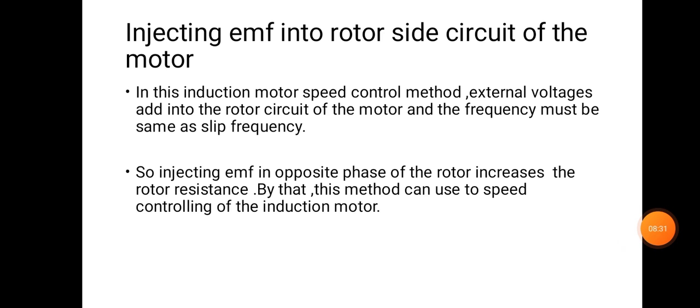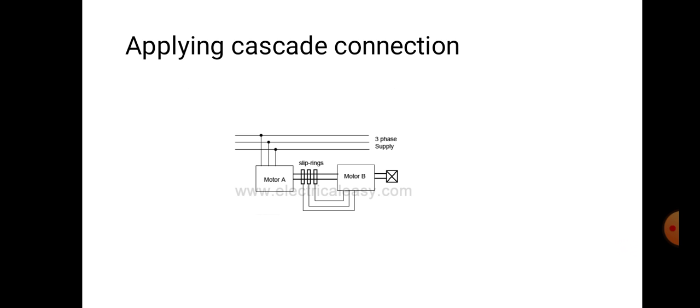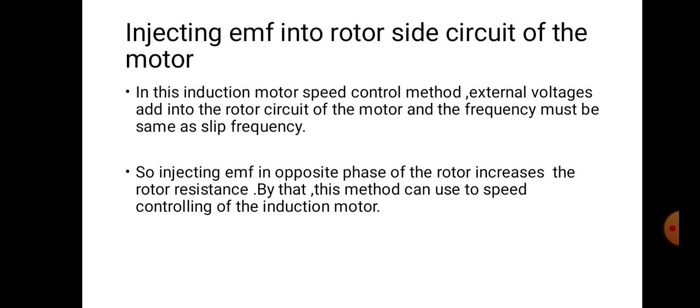And then injecting EMF into the rotor side circuit of the motor. In this induction motor speed control method, external voltage is added into the rotor circuit. Before, we added the resistance in the rotor side, but now we inject EMF on the rotor side.